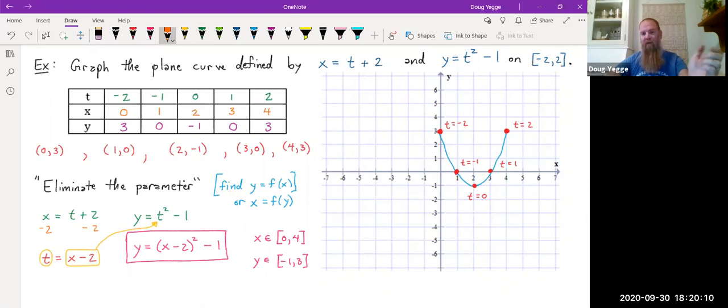We can see that this curve is obviously moving from t equals -2 to t equals 2 by increasing that parameter. So all we have to do is start putting arrows on here to show that it's traveling in this direction. Even though we've already placed our t values, these arrows demonstrate the direction of travel and are therefore important.